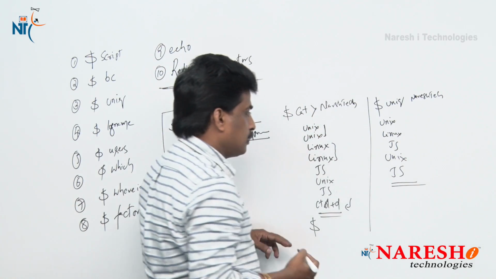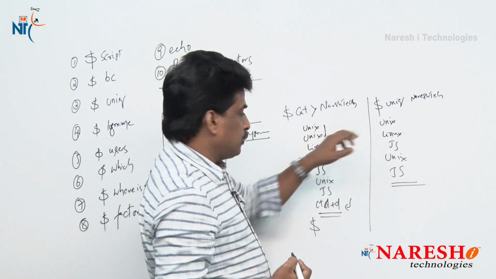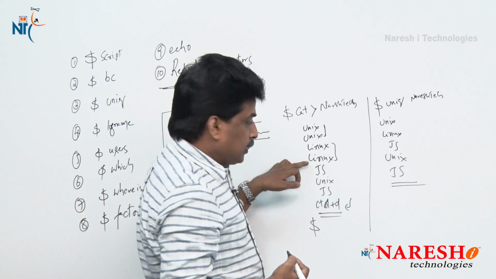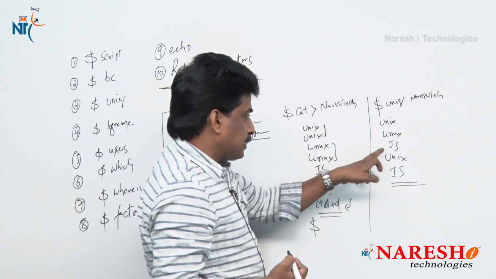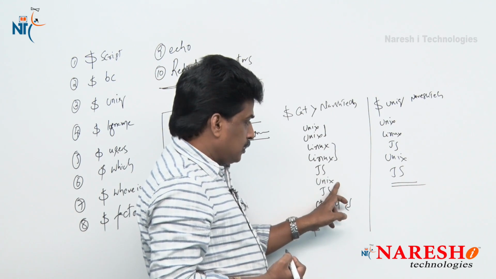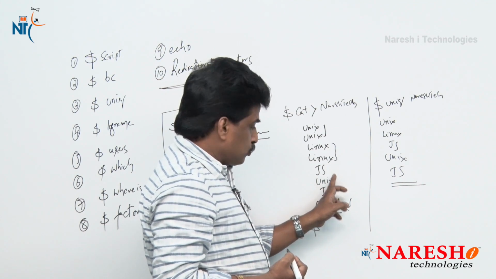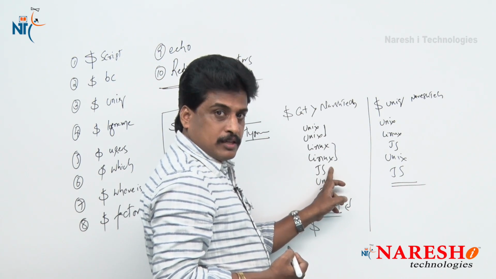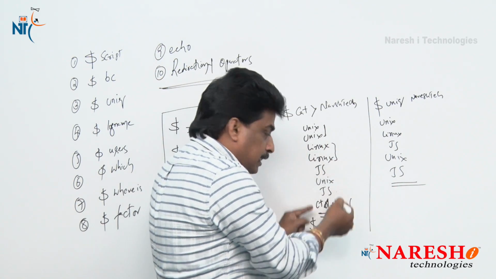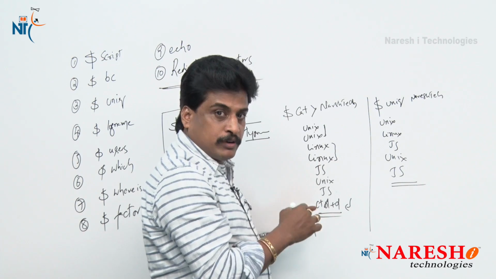Observe now. Unix displayed one time because it repeated in the next line. Linux displayed one time because it repeated in the next line. JavaScript is displayed again. But the next one is not JavaScript, it is Unix, and the next is not Unix, it is JavaScript. So this is separate, this is separate. Unique does not mean across the entire file; it checks whether the next immediate line or word is unique.